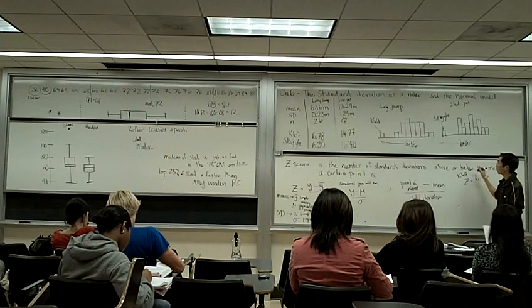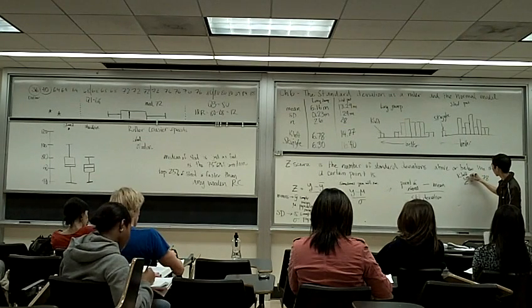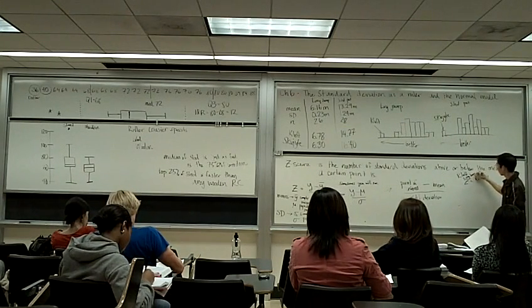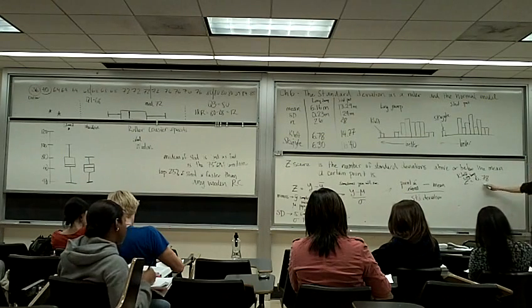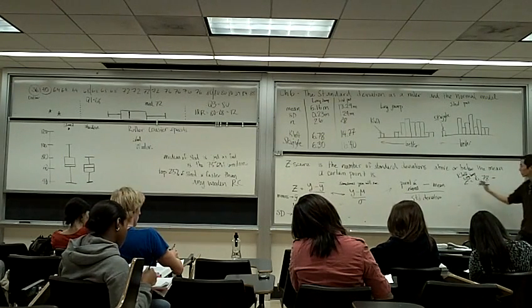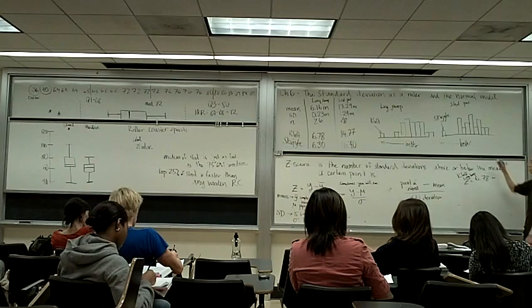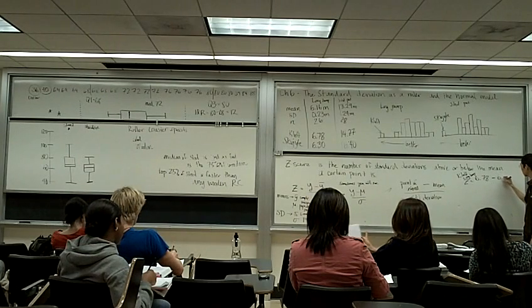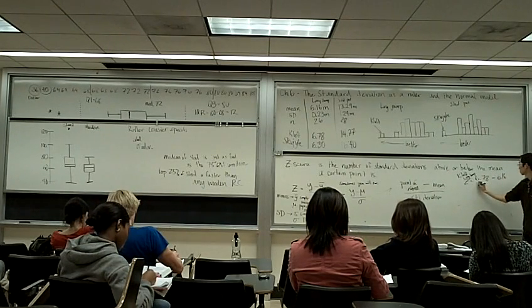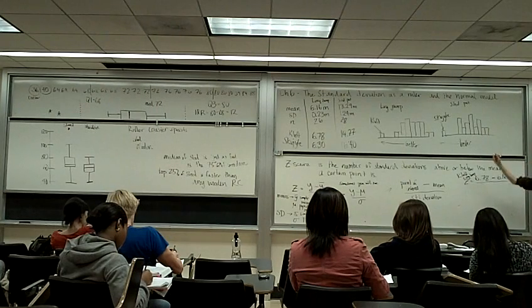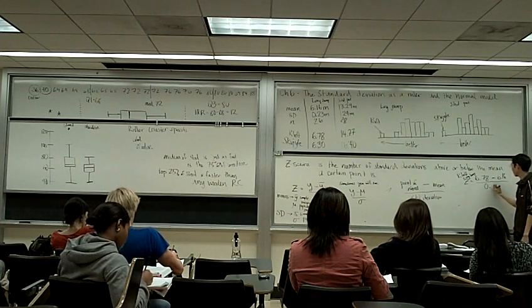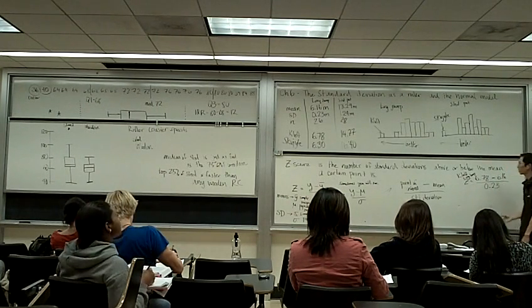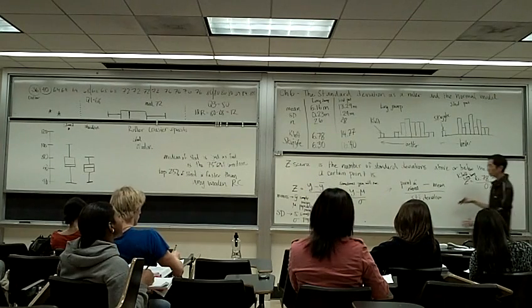So 6.78, that's the point of interest, that's our y, minus the mean. The mean is 6.16, divided by the standard deviation of 0.23. That's where I'm getting each of these numbers.